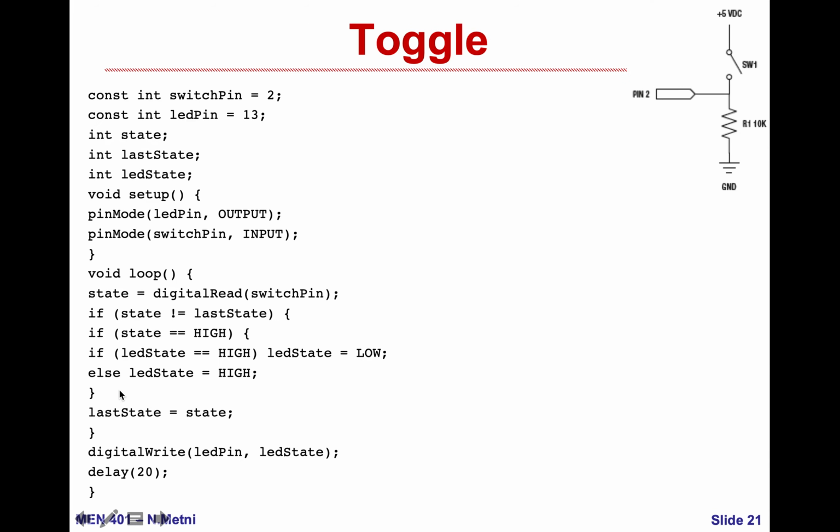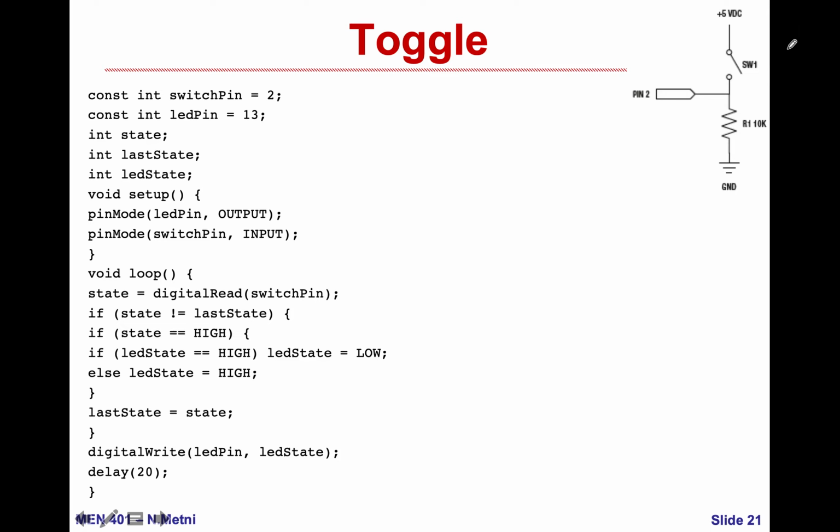Let's see this example. This is really a complete example, so I really want to take some time to explain it. First I am connecting a switch to the input pin 2 in this way.